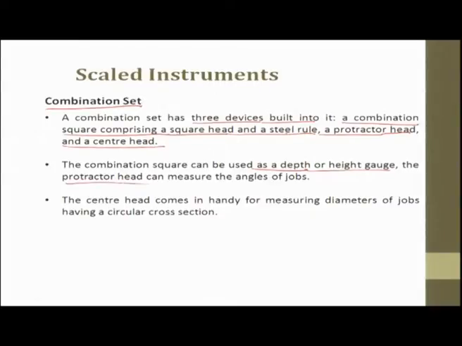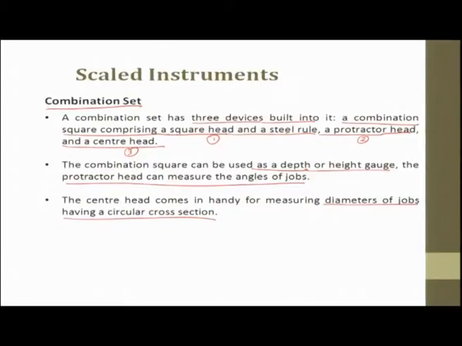The protractor head can be used as an angle gauge to measure the angle of the job. The center head comes in handy for measuring the diameter of a job having a circular cross section. So, is it clear? Here is the square, protractor and then center head.